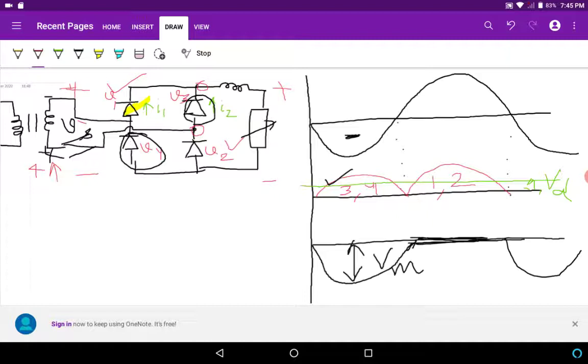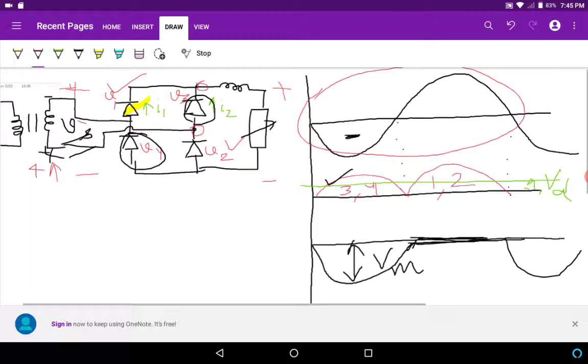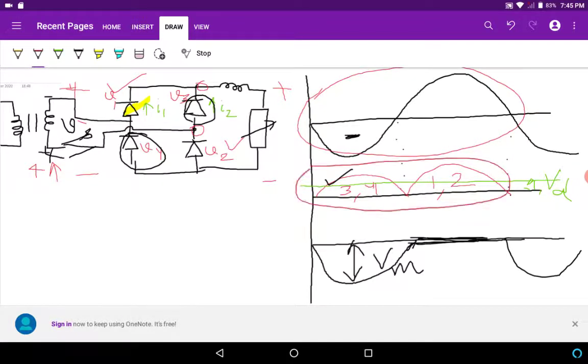In one cycle of AC voltage, from here to here, I have two ripples in the DC voltage. So this rectifier has a pulse number of 2, and the PIV in this case is Vm.